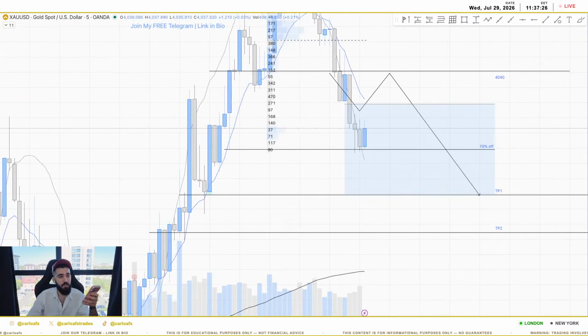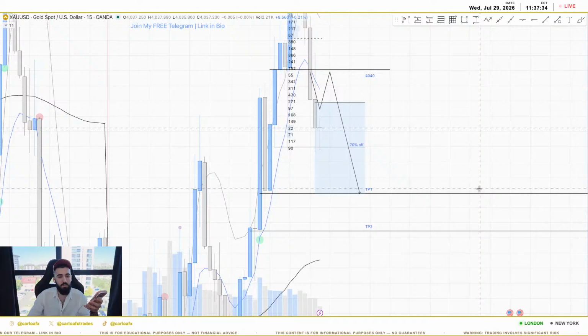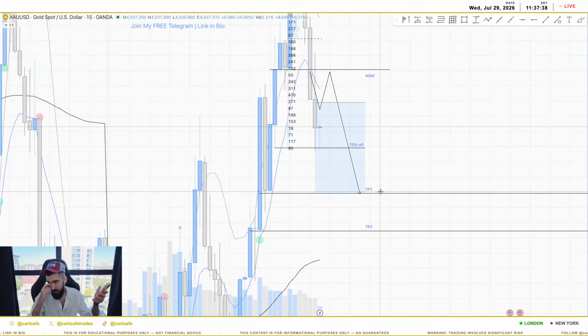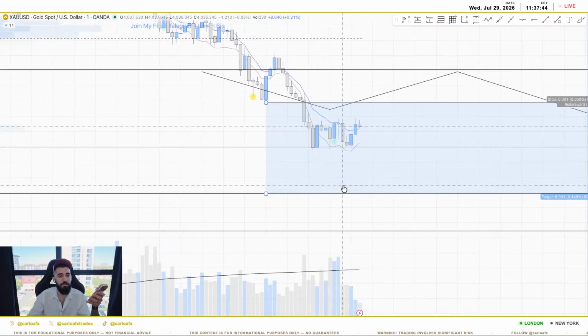Hopefully not, because I still trust this trade to go at least hitting the TP1. Look at this on a lower time frame, how it looks.